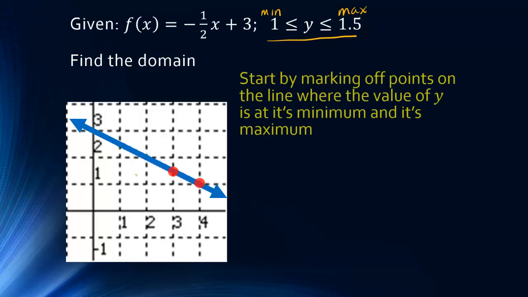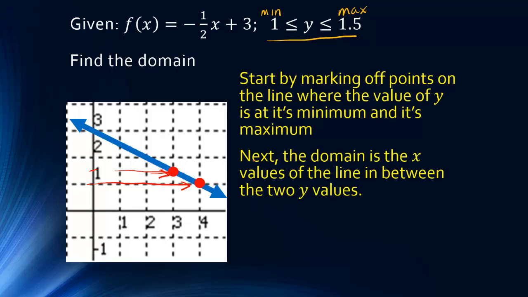Well, here y is 1. I'm going to change this color so you can see it better. Here's y is 1. That's 1 right there, and 1.5 is about in between. So that's right there, and we put our points there. We start off by marking off points on the line where the value of y is at its minimum and its maximum. Next, the domain is the x values of the line in between these two y values.